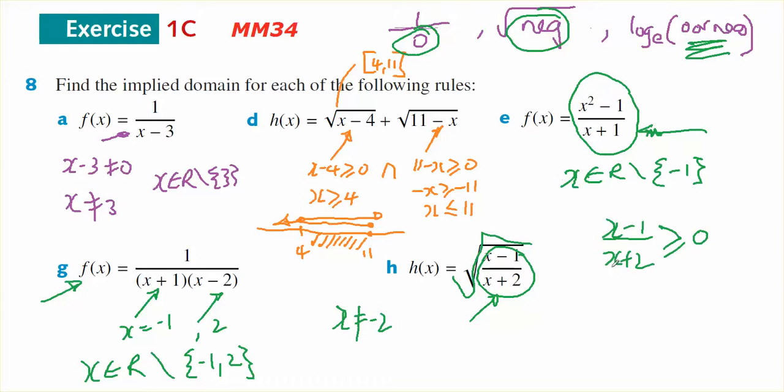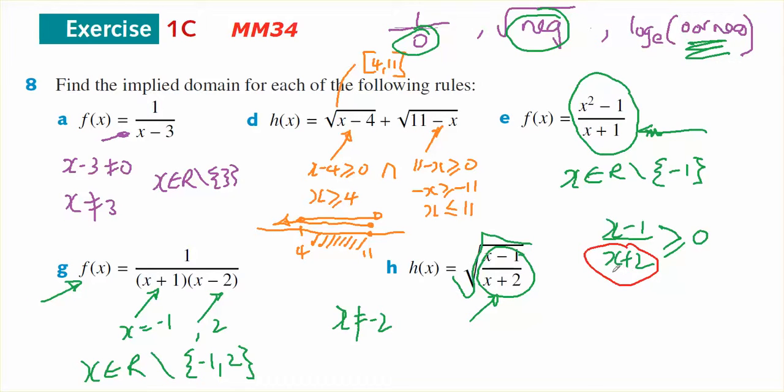Now, what's the algebra that I can do? If I pick my denominator up and move it to the other side and multiply it by 0, I've got a problem because I don't know if x plus 2 is positive or if it is negative. So for some values of x it is positive, therefore I wouldn't have to change the sign around, but for other values of x it's negative, and I would have to turn the inequality sign around.